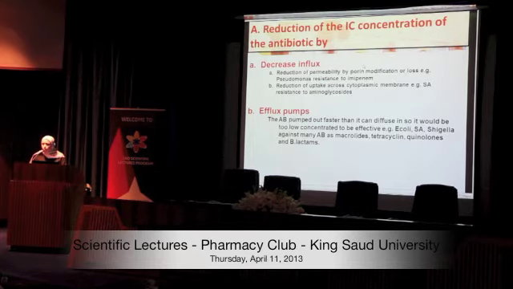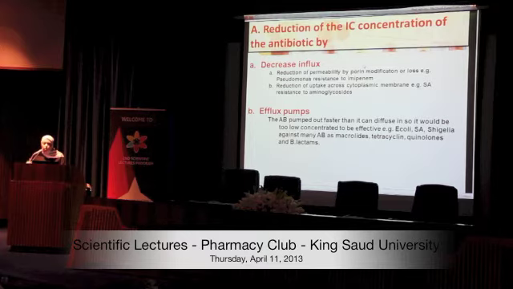Reduction of the permeability of the porins. For any antibiotic to enter, it must go through certain proteins in the cell membrane of the bacteria. These are called porins. The modification of them, decreasing their number, abolishing their number, so the thieves cannot find the door to enter into their home. Okay, so this is one of the mechanisms.